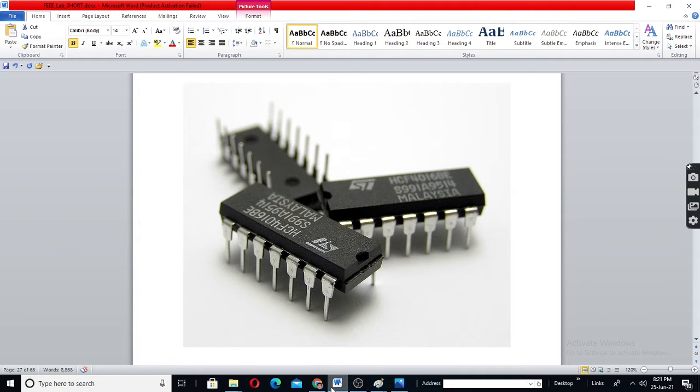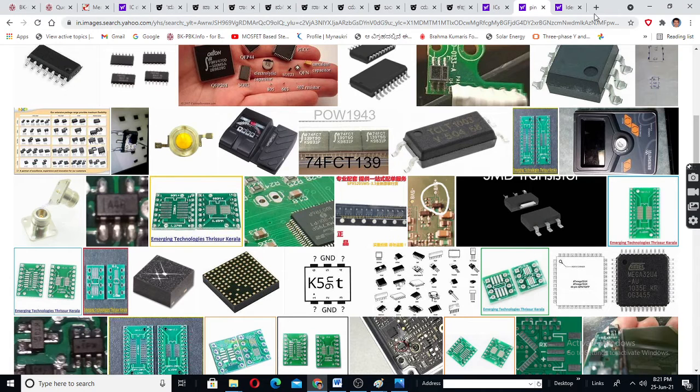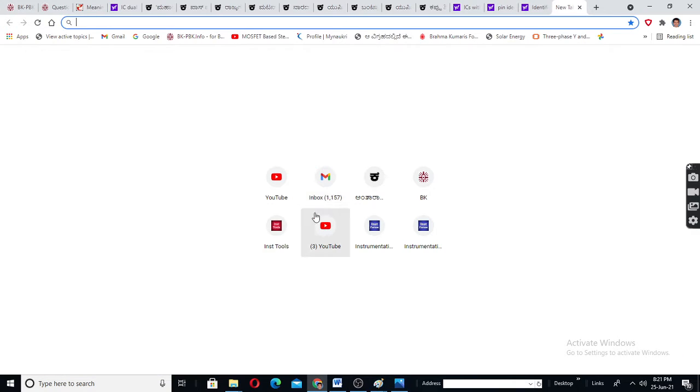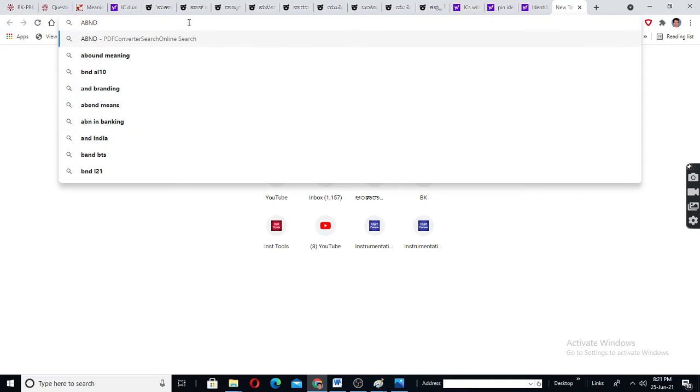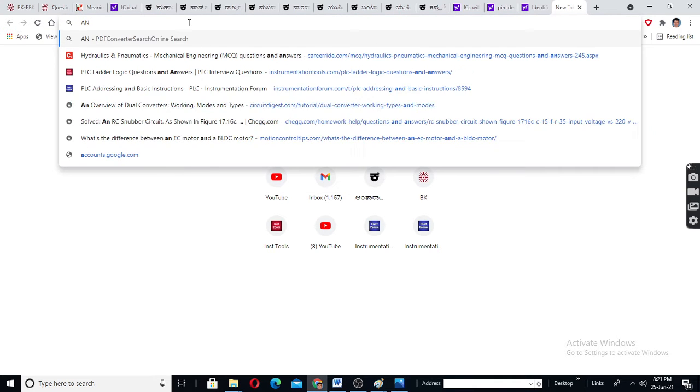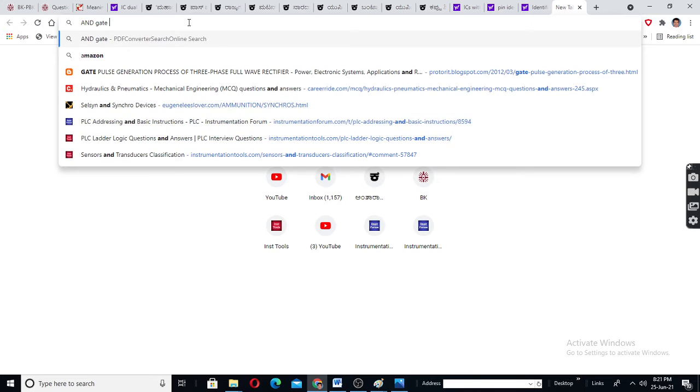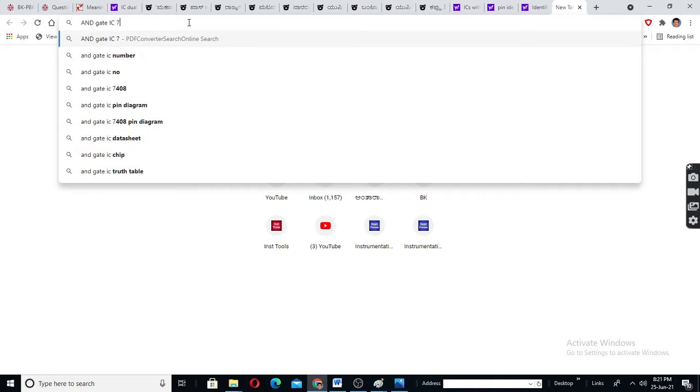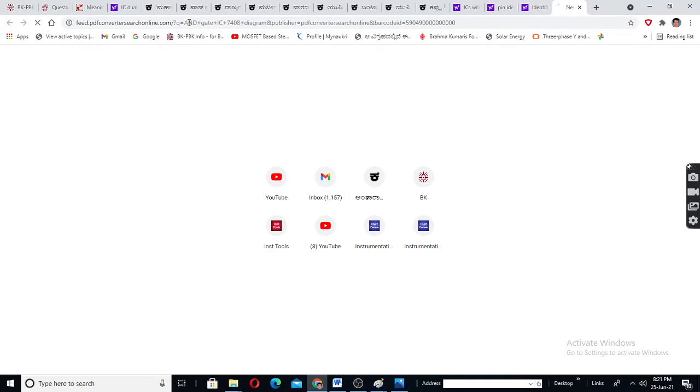For example, say if you see an AND gate IC, 7408, AND gate IC 7408 diagram.